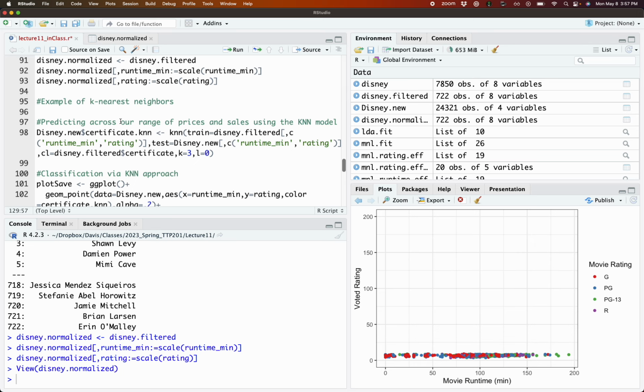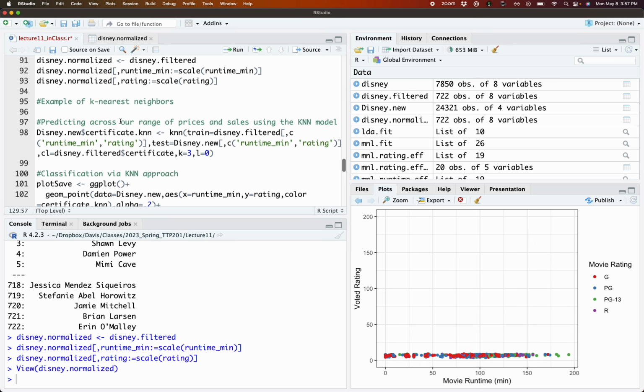We'll do this again. You have a training set and testing set, and the training set is our original data, and then I'm just asking it to predict over that full range.